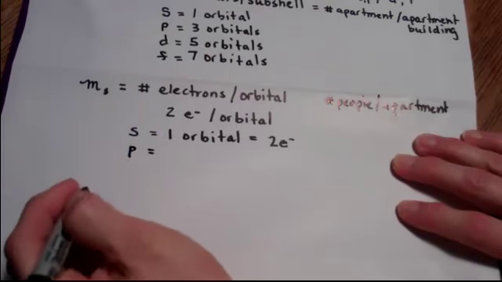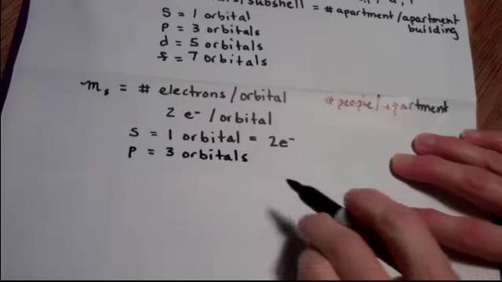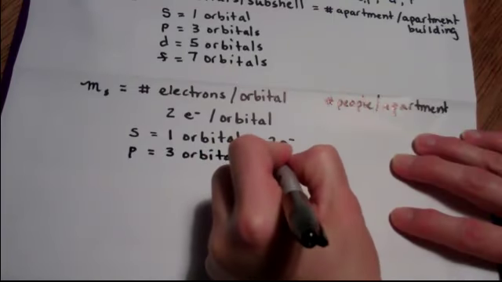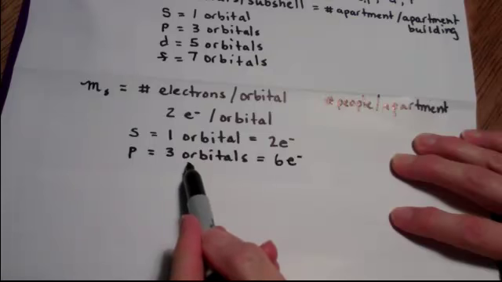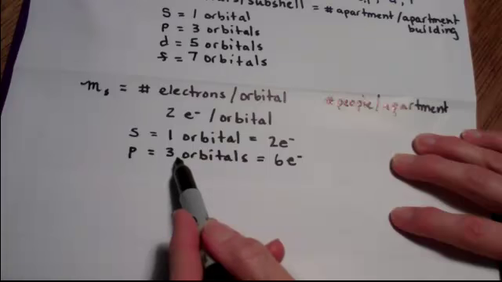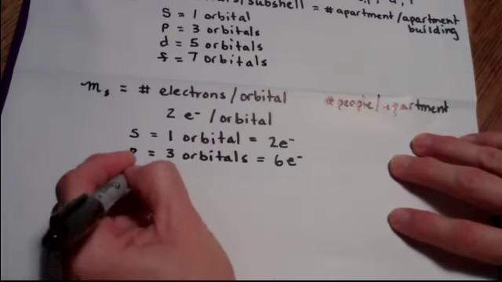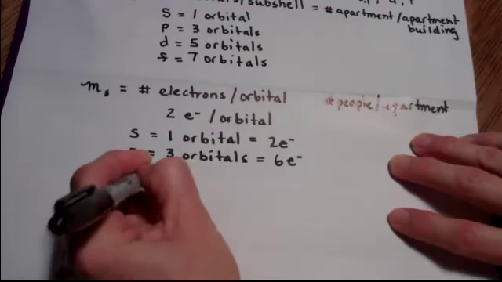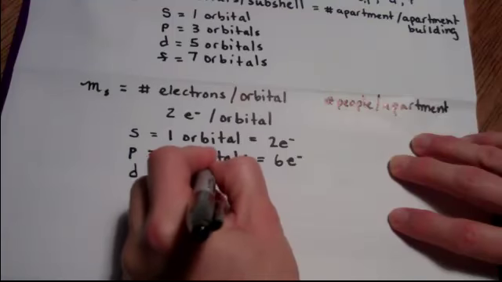If we're talking about the p subshell, it has 3 orbitals, and so this can house a total of 6 electrons. So this is like having 3 apartments, and you can have 2 electrons per apartment. And so you've got 3 apartments, you can have a total of 6 electrons. So for the d subshell, this apartment building has 5 apartments or 5 orbitals.